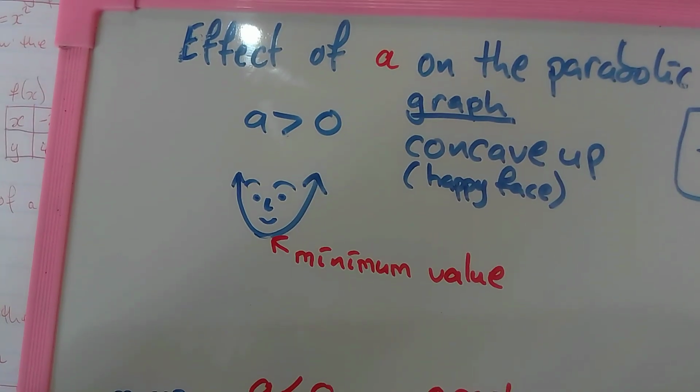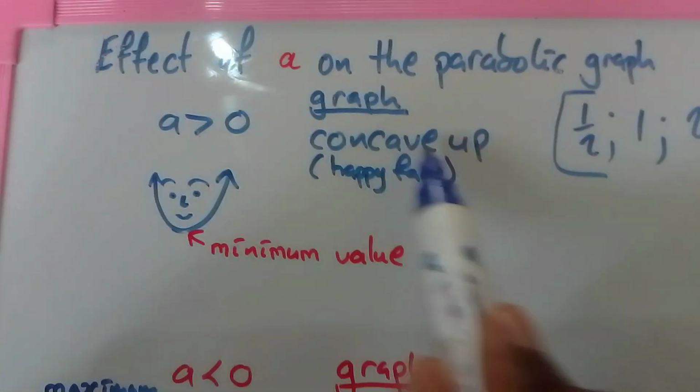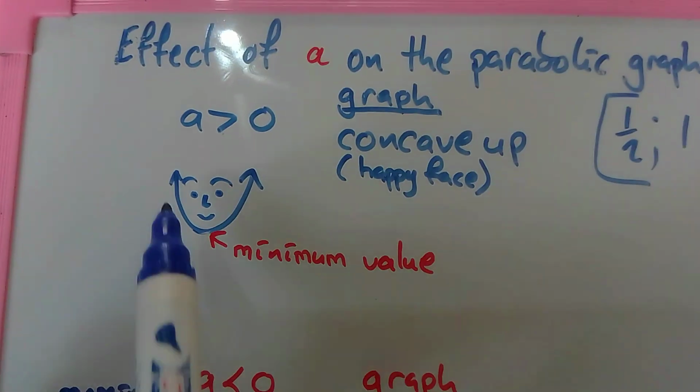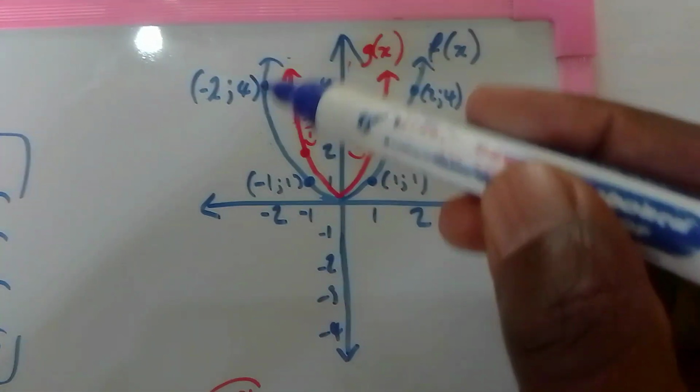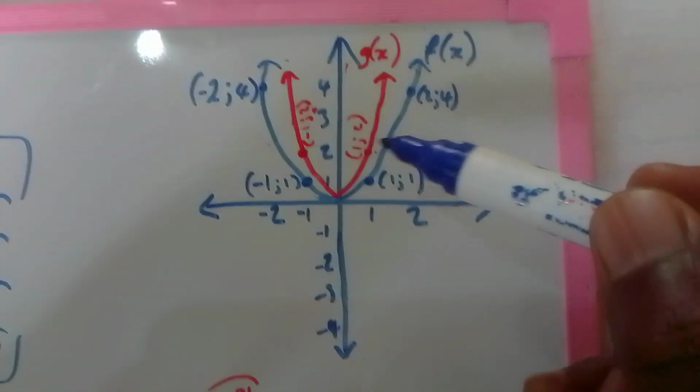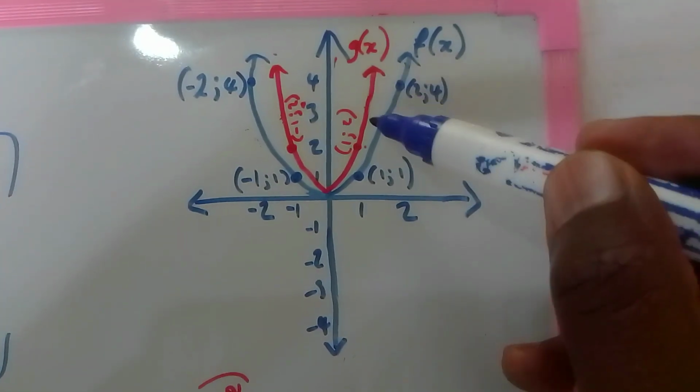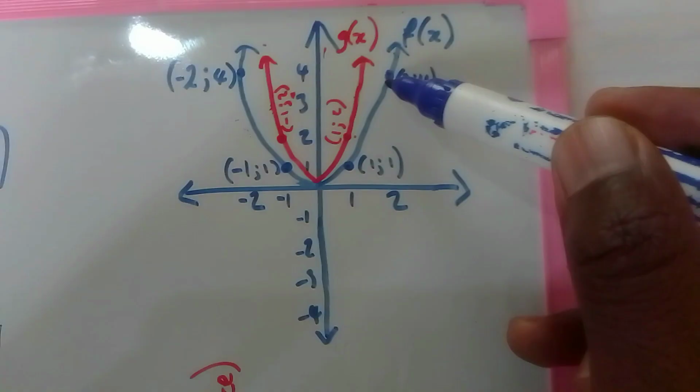Now, not only do we get to know the shape, but you must also know that these two graphs which I drew here, this is what we call the concaves. And what happens? We are saying that the A values were more than 0.